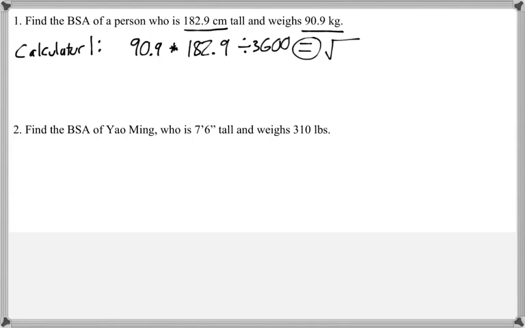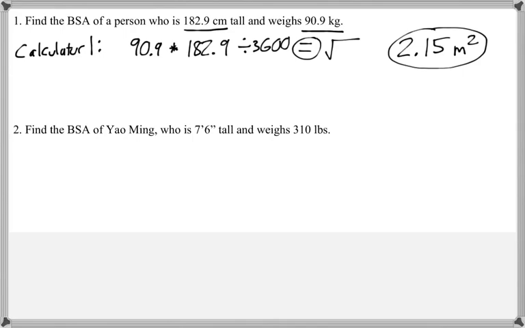So 90.9 times 182.9 divided by 3600, and if you press equals, you get 4.618225. Then you press the square root button, and you get 2.149. But we need to round this to the nearest hundredth, so it's 2.15 square meters.